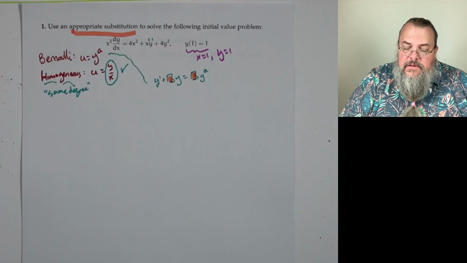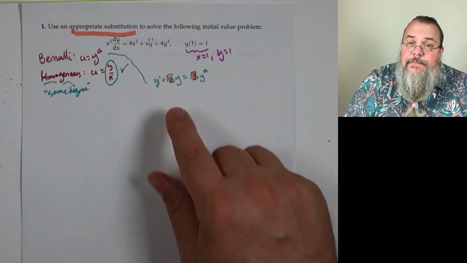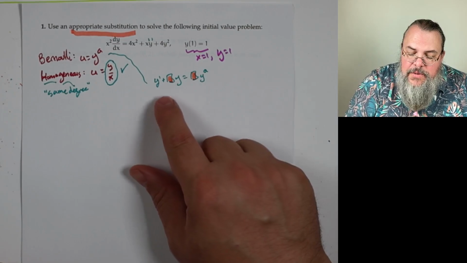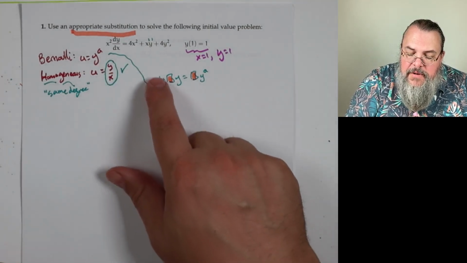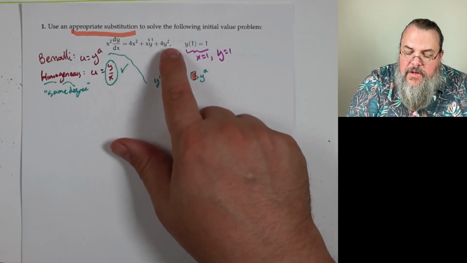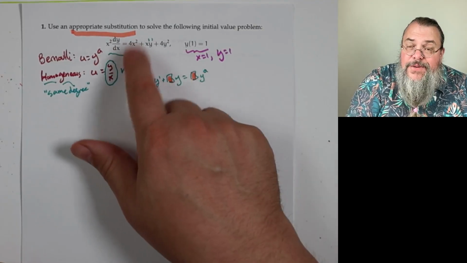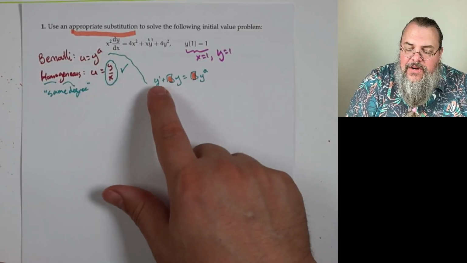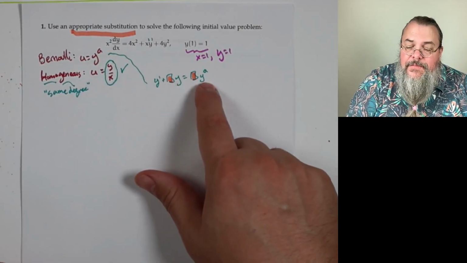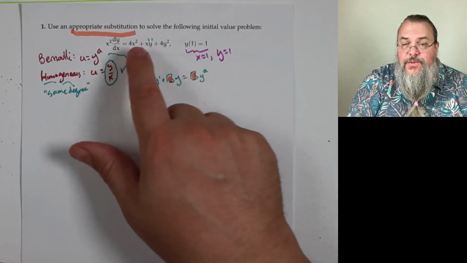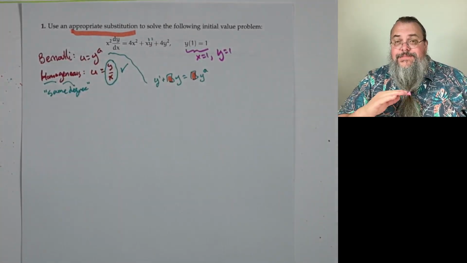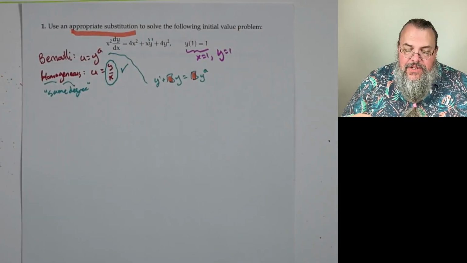And unfortunately, we're not in that form, right? Sure, we have a y prime, but the problem is, I have a y, and I have something with a y to the a, but there's this extra piece here. And so I'm really sure I have 3 pieces. This one has 4. 1, 2, 3, 4. So not going to work out. That's okay. We're in the homogeneous scam.